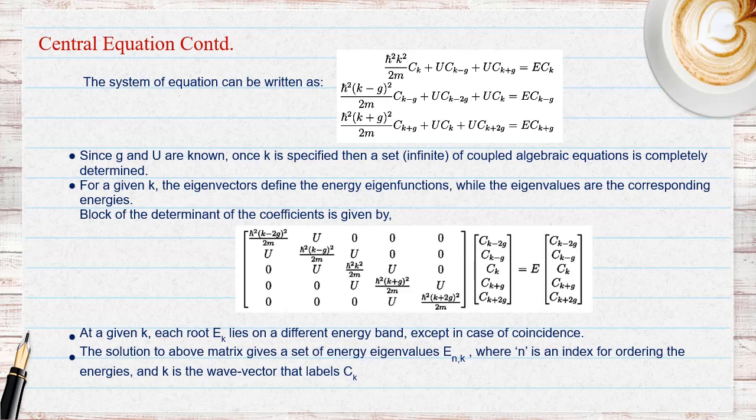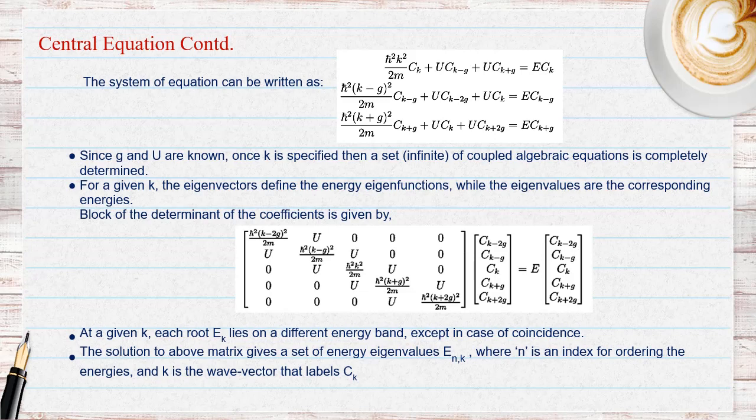At a given wave vector, each root E, or we can represent it as Ek, lies on a different energy band except in the case of coincidence. So the solution to the above matrix gives a set of energy eigenvalues.